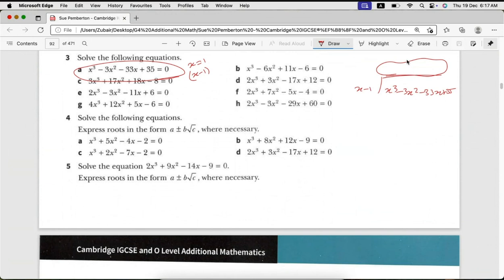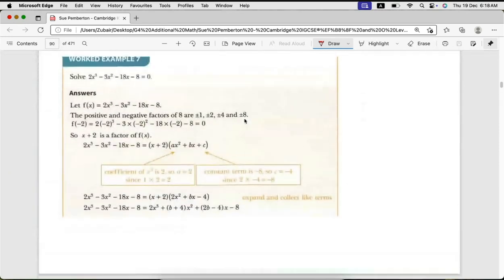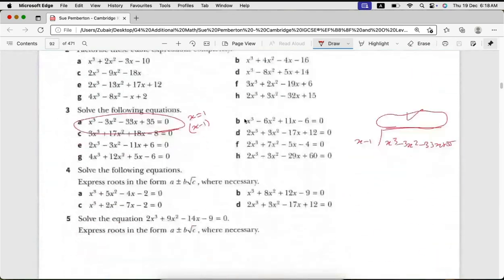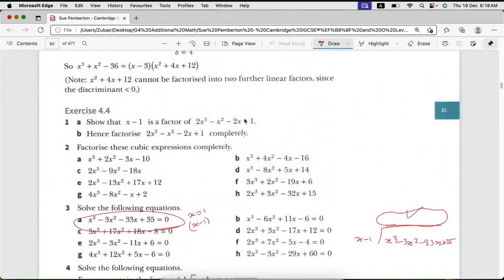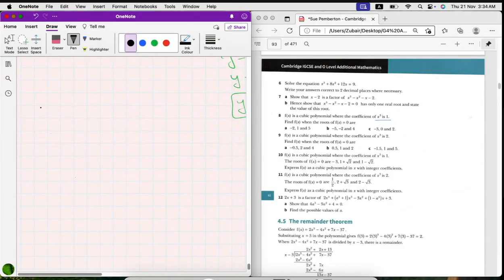Then I'll split this into 2 and finally I'll get all the 3 factors. So first of all 4.3, the remaining exercise, and then if you get time look at 4.4 as well. Okay. Anything you would like to ask? No.